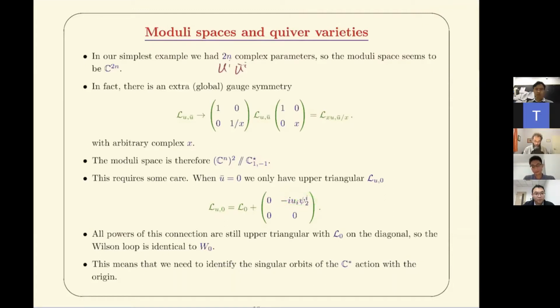So it does not depend on U at all. So if U bar is equal to 0 and U is different from 0, that is the same as U equals 0 and U bar equals 0. So when you take these quotients, which are not exactly manifolds naively, well, strictly speaking, what we need to do is identify all the singular orbits with the origin and get a nice conical space.